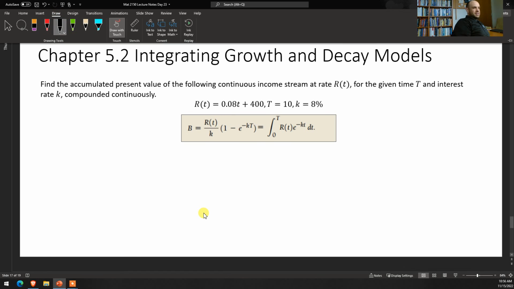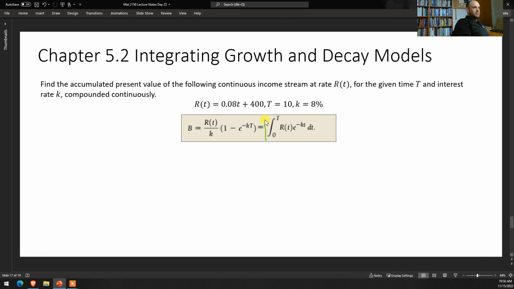So let's see. Now that we have a non-constant income stream, we need to use our integral formula in order to find the accumulated present value.